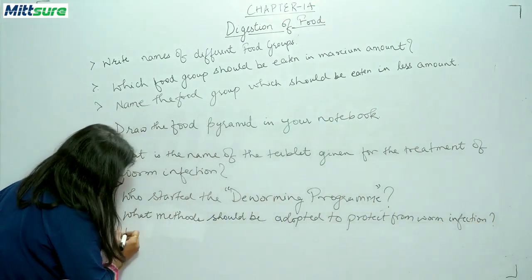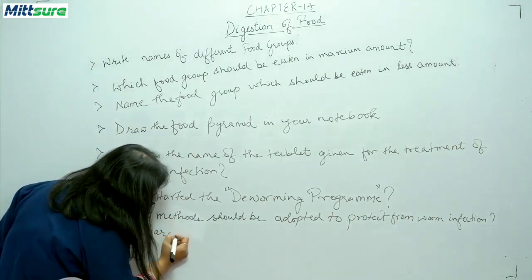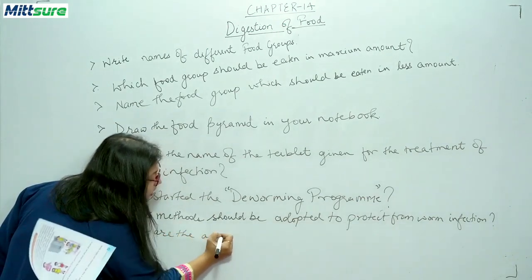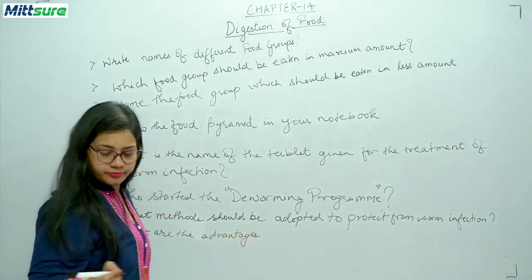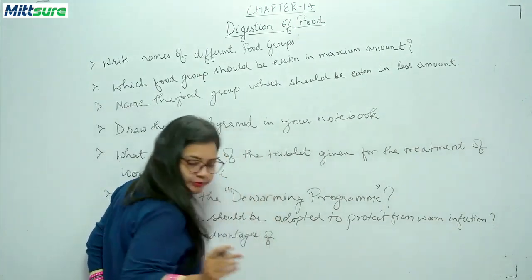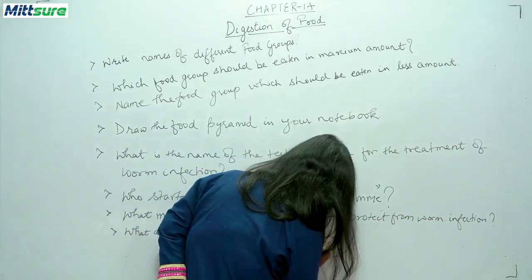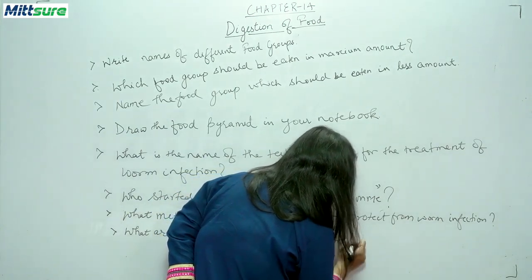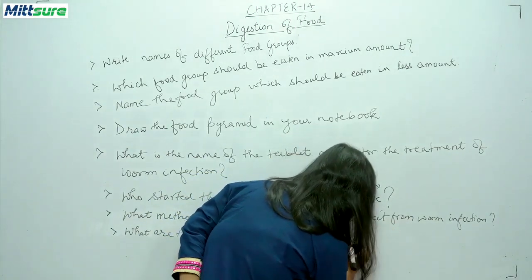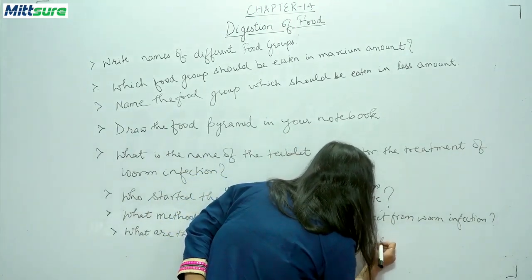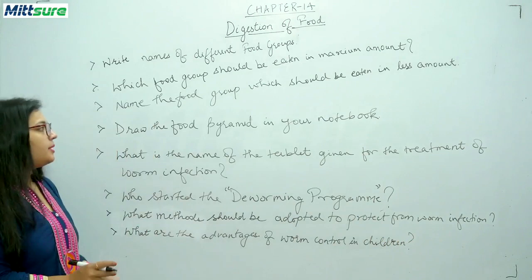And the last question is, what are the advantages of worm control in children? So this completes all the questions.